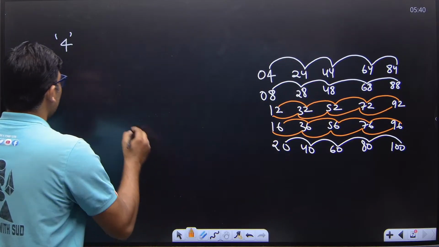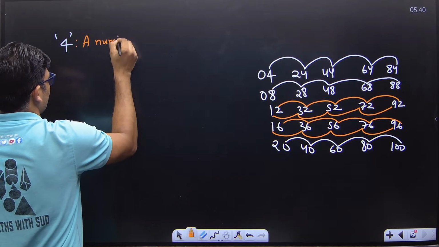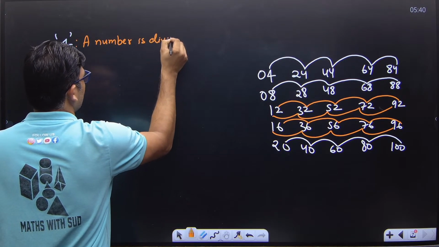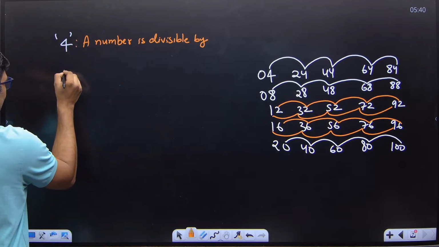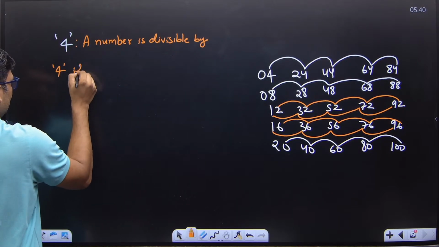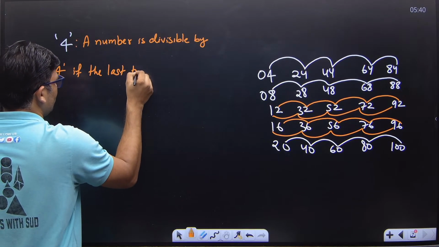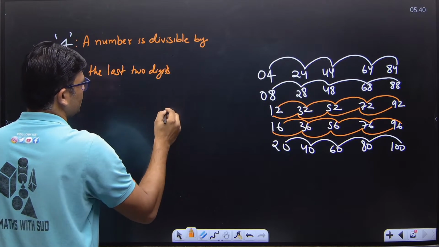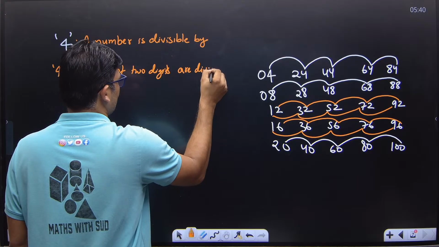Alright, so we will say a number is divisible by 4 if the last two digits are divisible by 4.